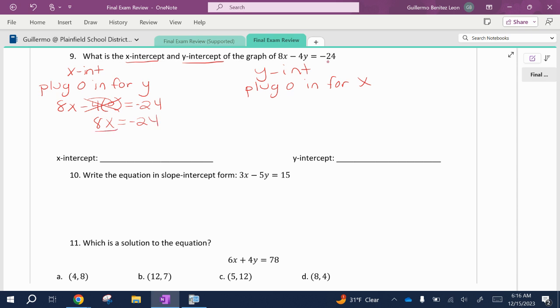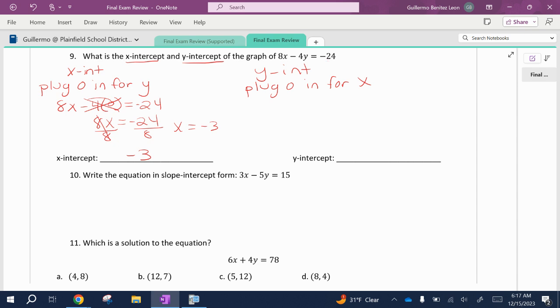How do I get rid of the 8? I divide. So x equals negative 3. My x-intercept is negative 3. We do not write it as x equals negative 3. Remember, that's a line on a graph. Just tell me negative 3.